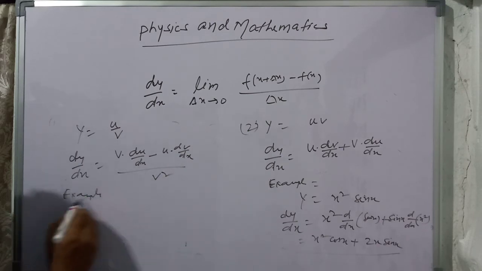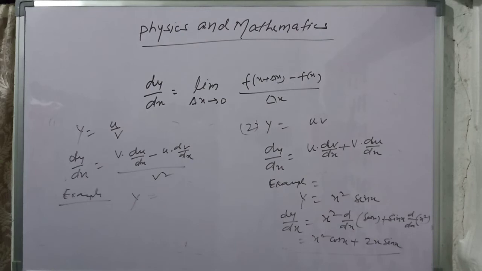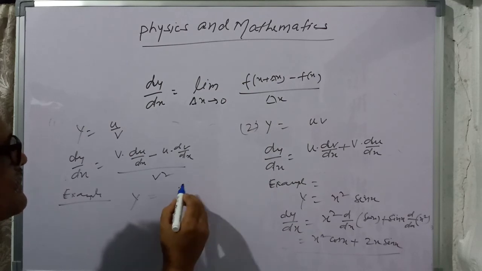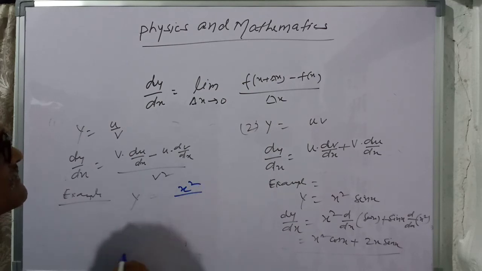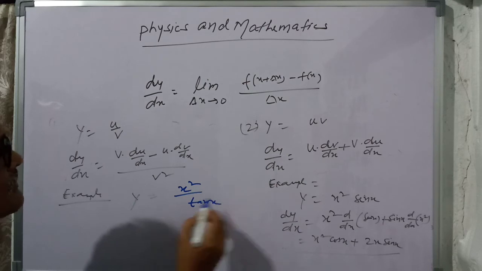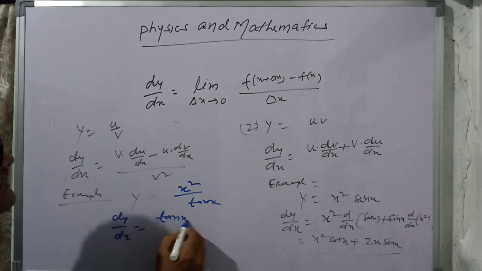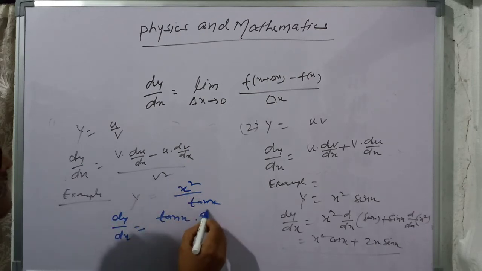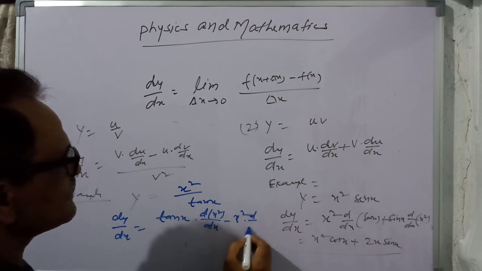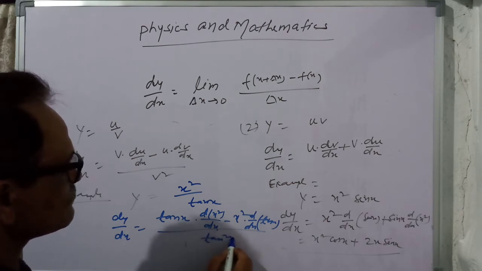The example is this: suppose y is equal to x square by tan x, then dy by dx is equal to tan x, which is v, into the differential coefficient of x square, minus x square into the differential coefficient of tan x, divided by tan square x.